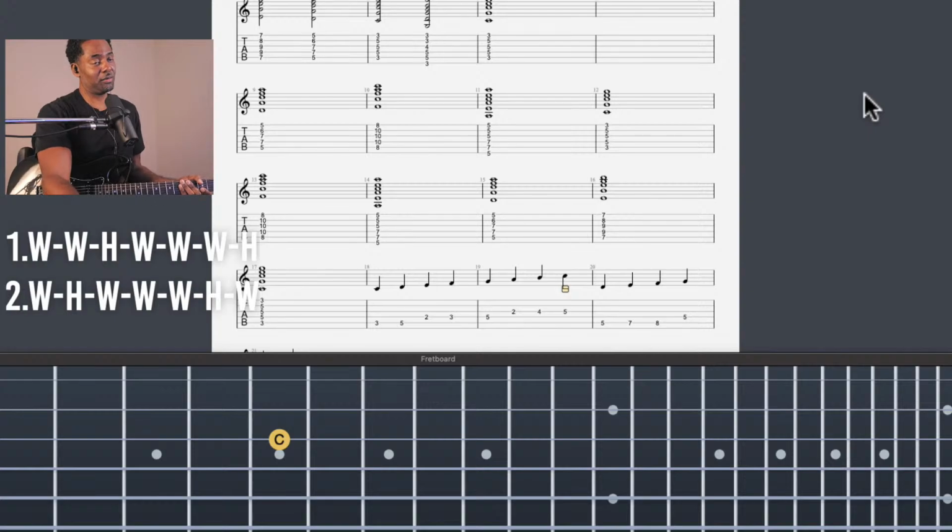When you say that over and over, it gets real old. But if you take that W and put it on the back, this is how it looks right here. It looks just like that. So now you just have 1 W, then the half step, 3 W's, half step, and you got that W right there at the end. That's actually that minor scale, or the scale coming from the 2.